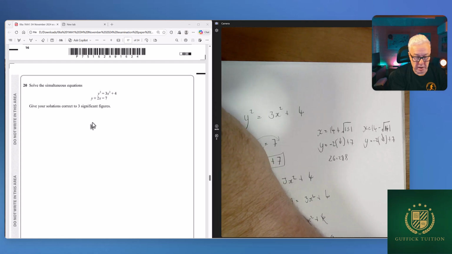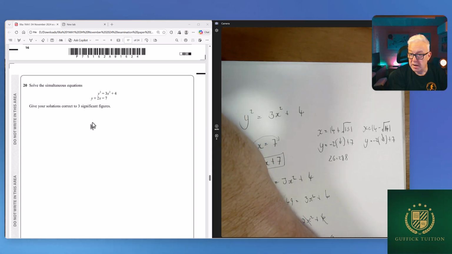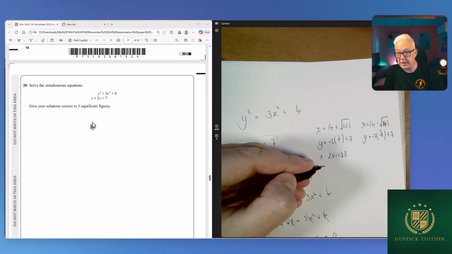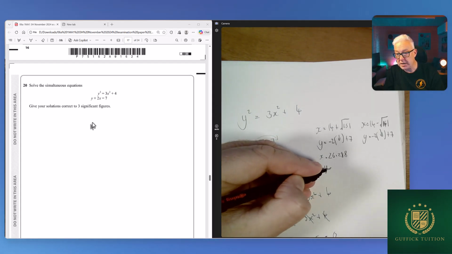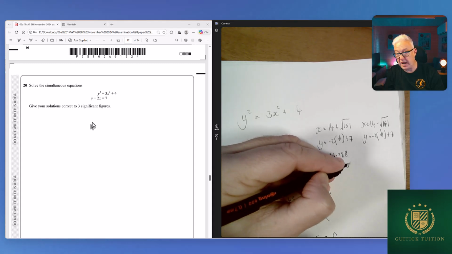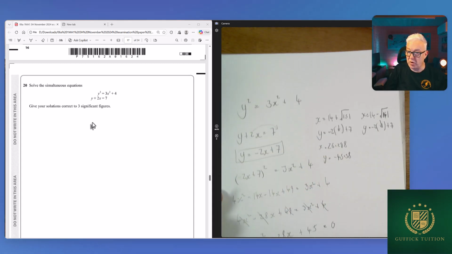So that's going to go to 52 point that, and let's put a minus in front of it, there we go, minus 52 point that. And then it's going to have plus 7. So plus 7 gives us minus 45.57. So that's our x and that's our y is equal to minus 45.58. We'll do the accuracy in one moment.